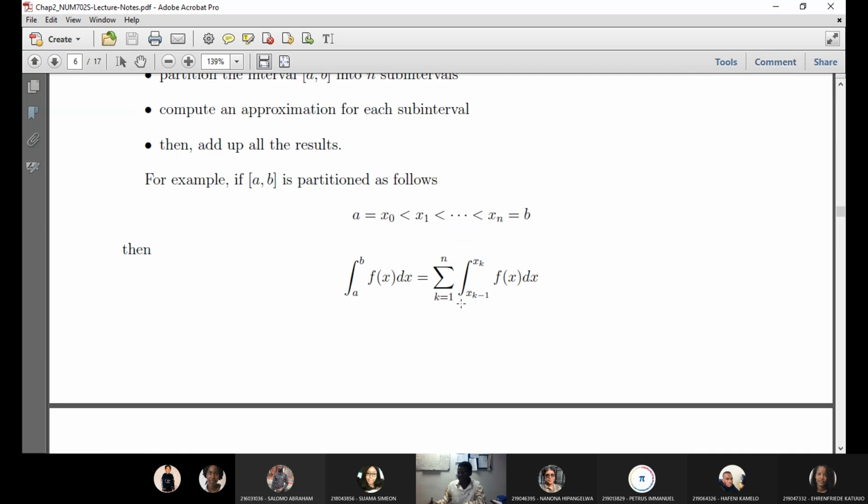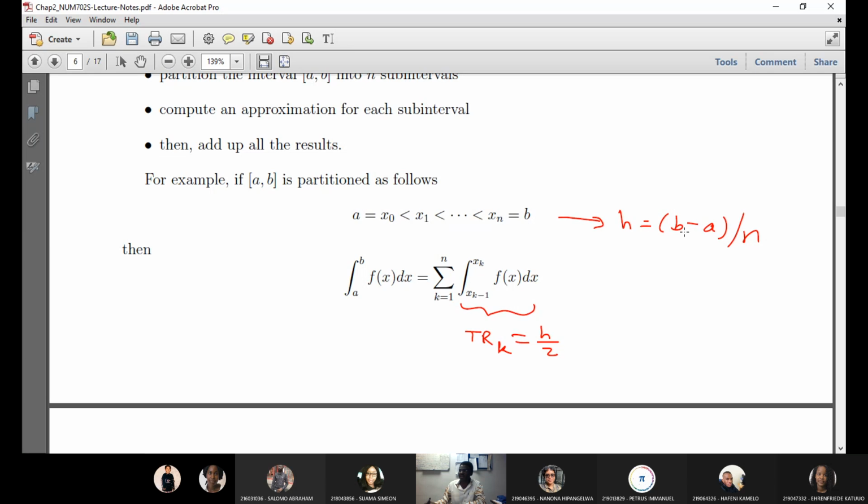So this integral for the trapezoidal, I will subscript it with k to indicate that it's in a subinterval. So that will be h by 2. Now this h will be b minus a by n.